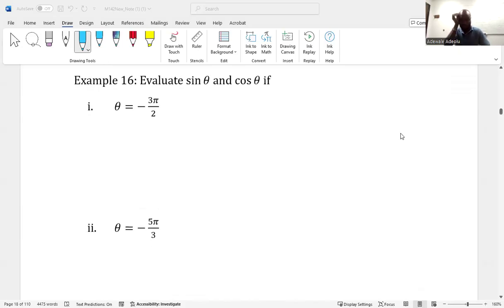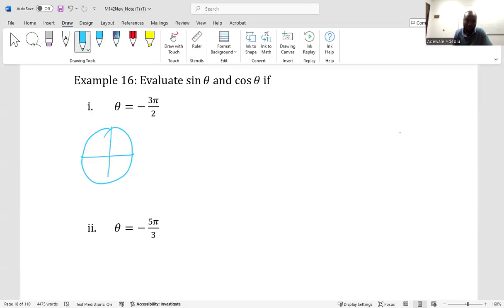Okay. Further examples: evaluate sine of theta and cosine of theta if theta is negative 3 pi over 2. I'm just going to be very fast here. Negative, so I'm going in a clockwise direction: 1, 2, 3.